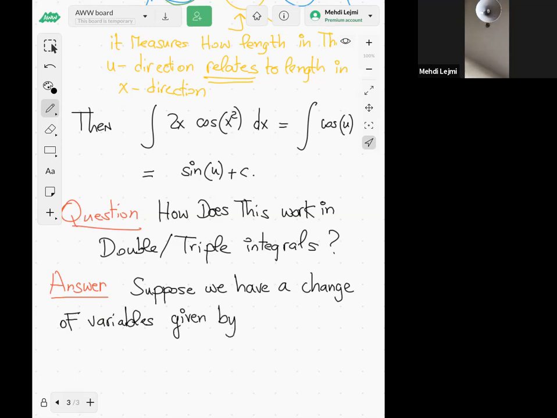So we're going to start first with the double integrals, right? First, so I'm going to start first with the double integrals.